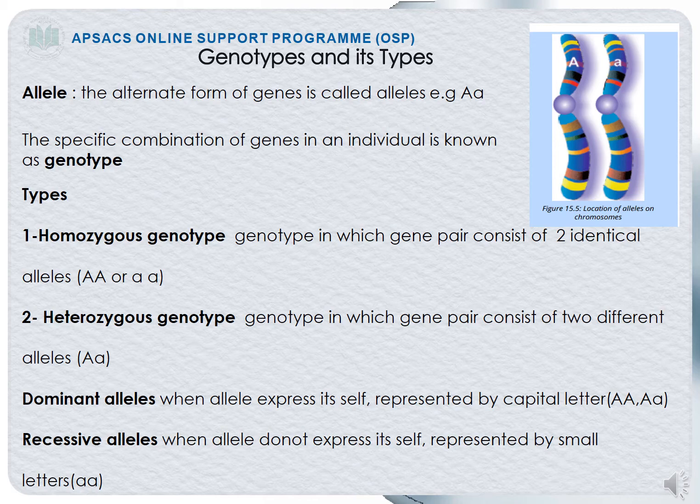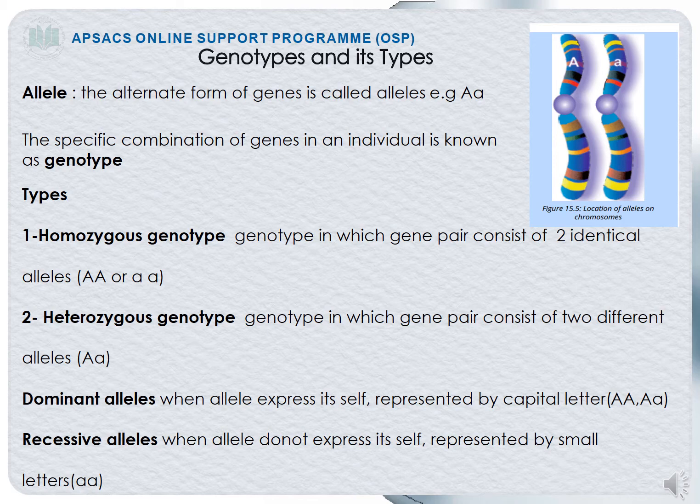Now we have two types of genotype: the one is homozygous genotype and the second is heterozygous genotype. Homo means same and zygous means zygote. Hetero means different and zygous is used for the zygote.